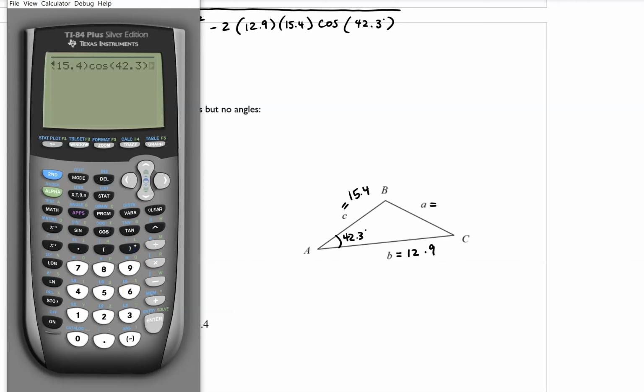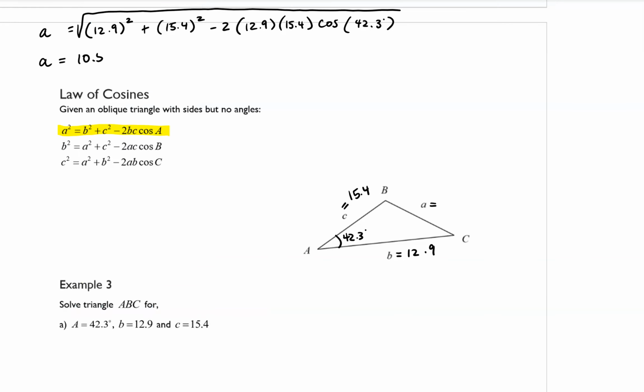You want to be careful when you're entering all of this in. It's quite long and we don't want to enter in a mistake or else we're going to get the wrong value. Great, so I'm going to round that to one decimal place to be 10.5. So we get a is 10.5.